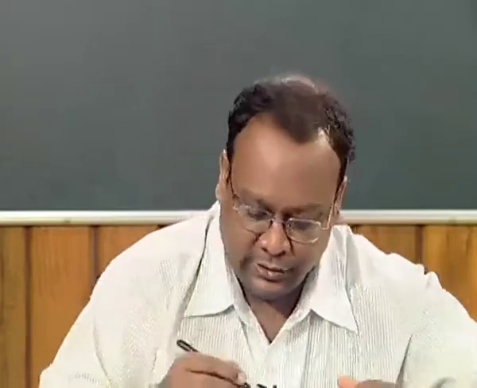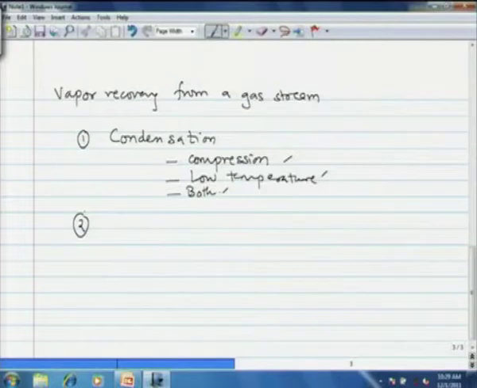The second choice of process would be absorption in a suitable solvent. Obviously, what will come out of such a process will not be pure acetone, but acetone dissolved in the solvent, and we will need another unit to recover pure acetone from that stream.